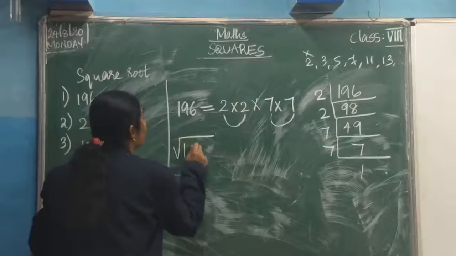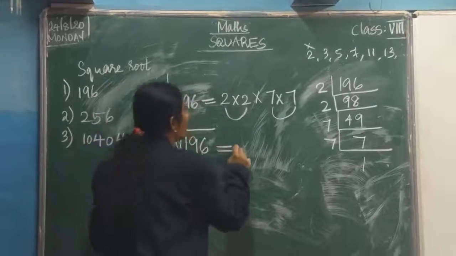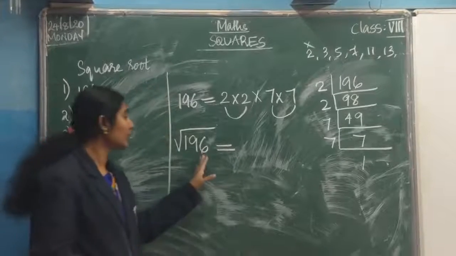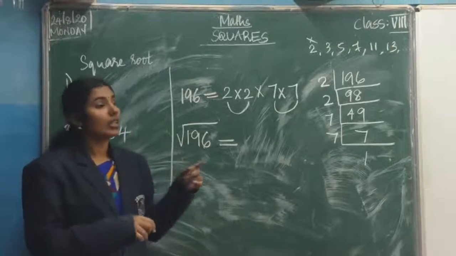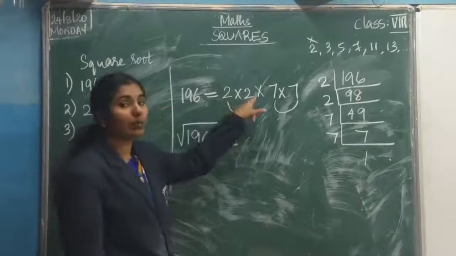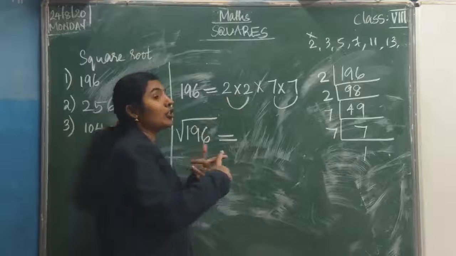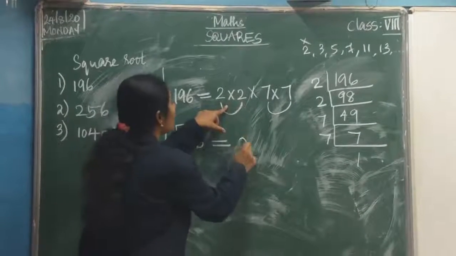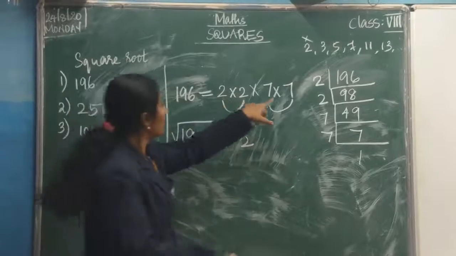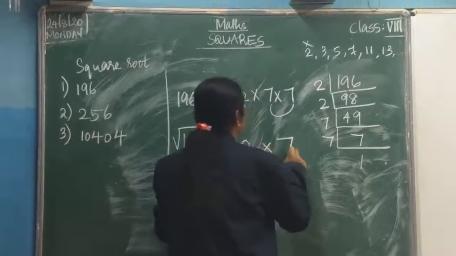You should find the square root of 196. How to find its square root? From each pair you should take one number. Here the first pair you see 2 multiplied by 2. So from each pair you should take 1. So what will you get? From this pair, one number you should take. From this pair, you should take 1.